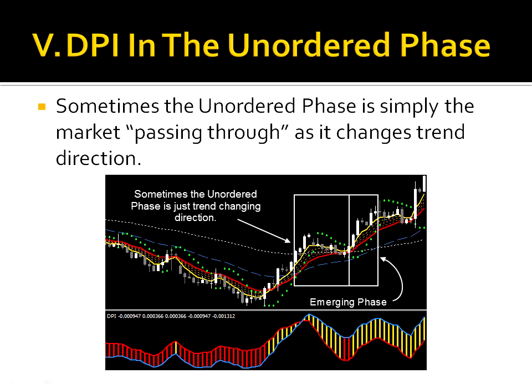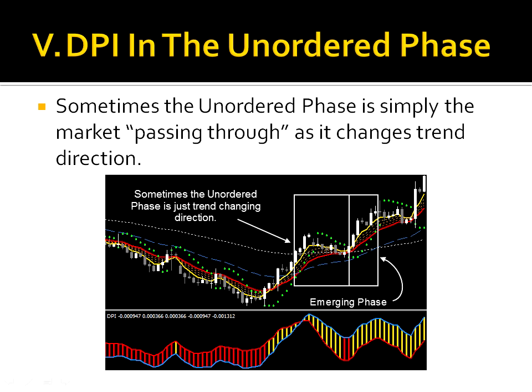Now that I said all of that, sometimes the unordered phase is simply the market passing through as it changes trend direction. So if it's going from a short trend to a long trend, of course, the market has to go through the unordered phase. The 13 has to pass through the 89 and the 34.